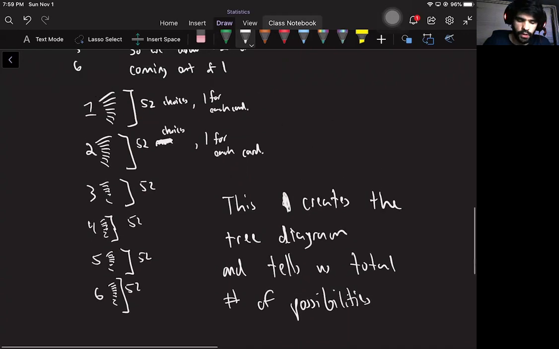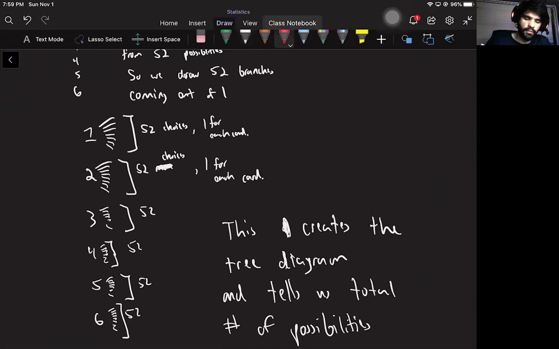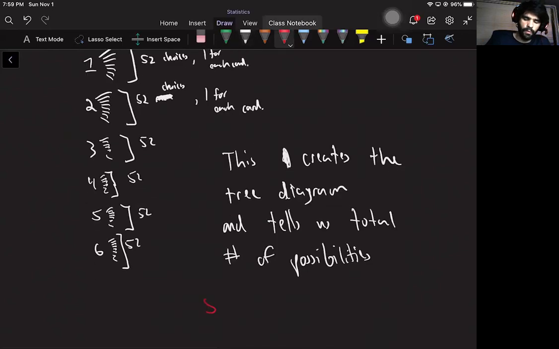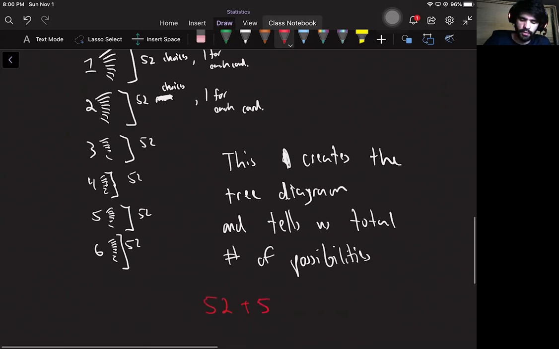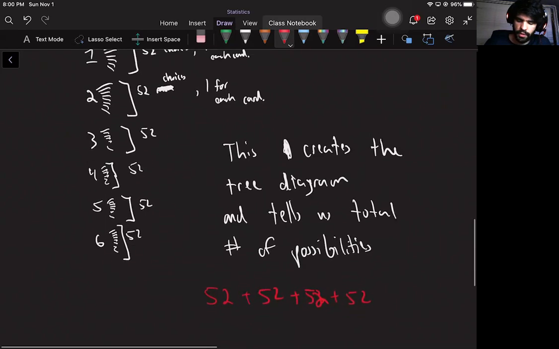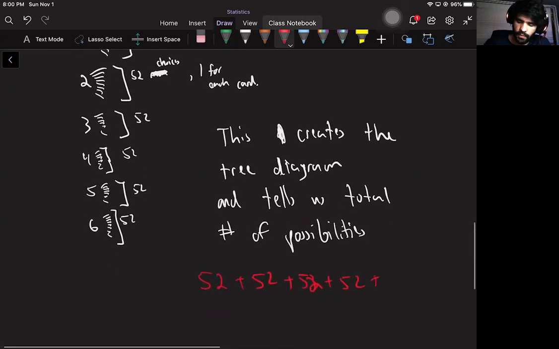So what is it? Well, there's 52 branches for the 1, another 52 branches for the 2, another for the 3, and so on for all 6 possibilities that I could have started with.